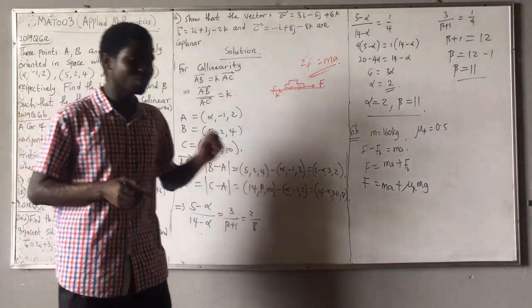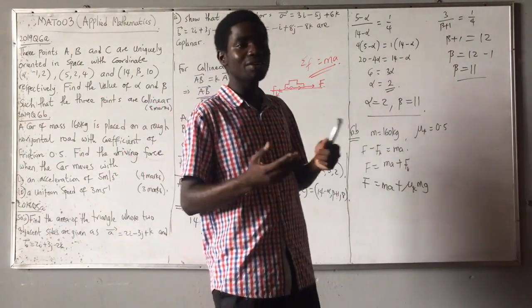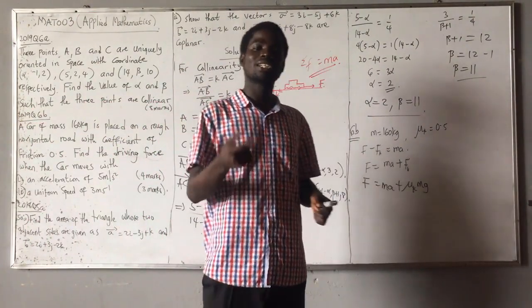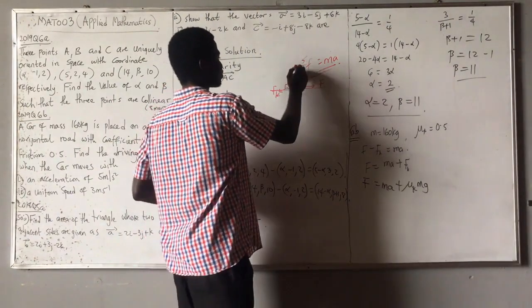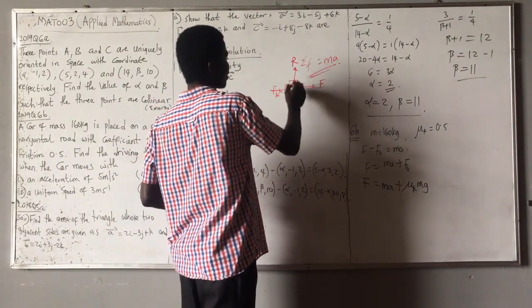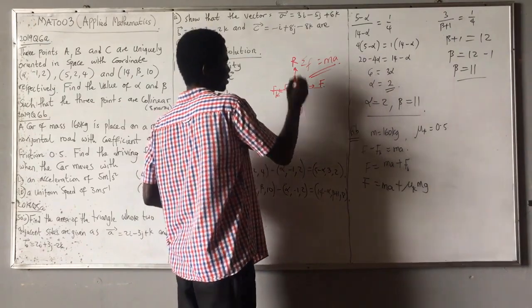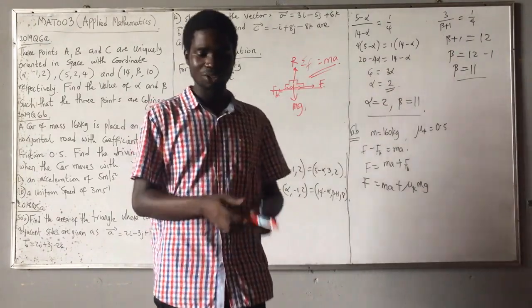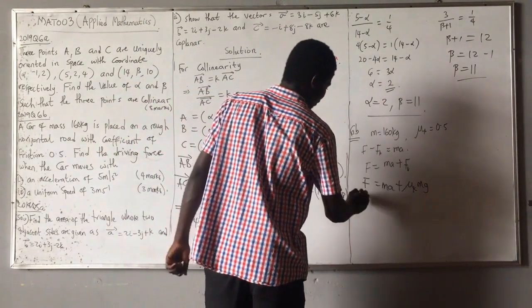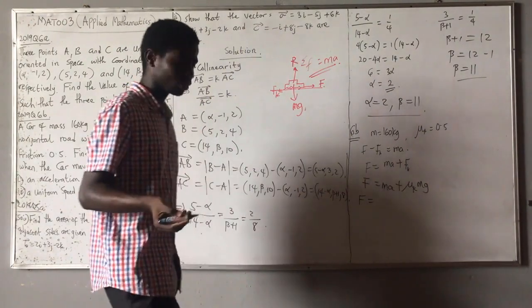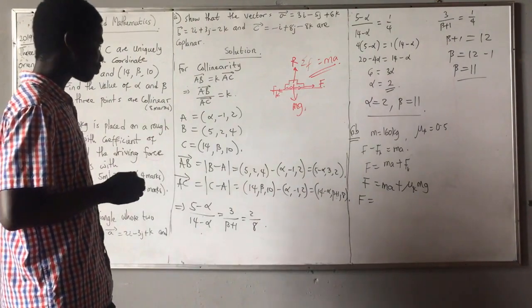Don't forget, frictional force is mu R, where R is the normal reaction. The normal reaction here is acting against the weight mg, so the normal reaction here is mg. Do you understand? So I have F equal to MA plus mu mg.